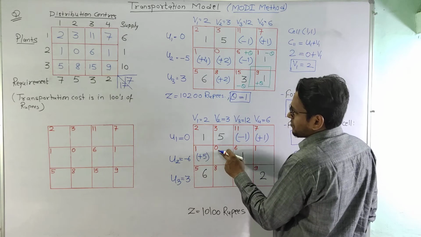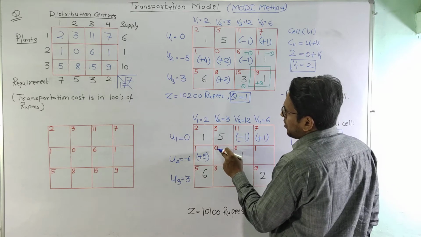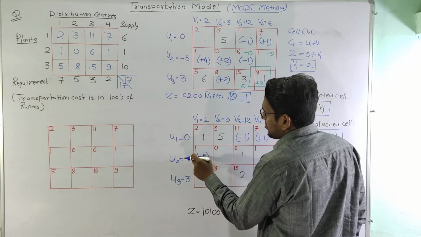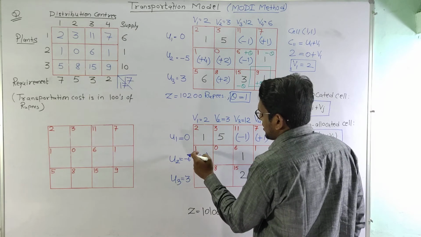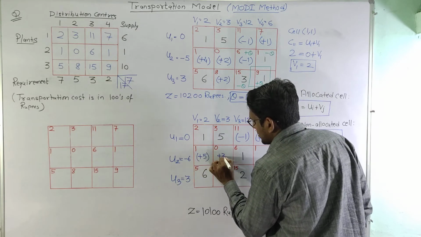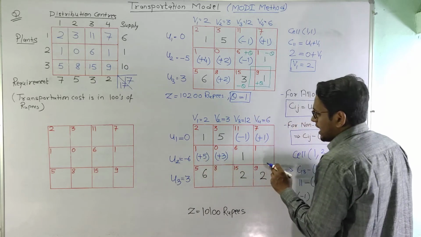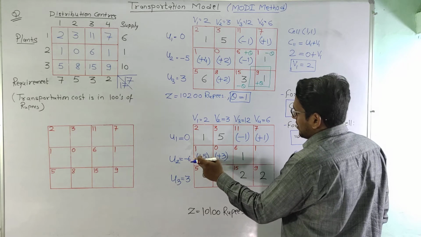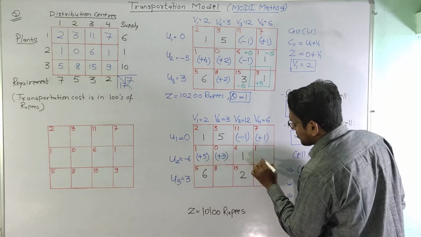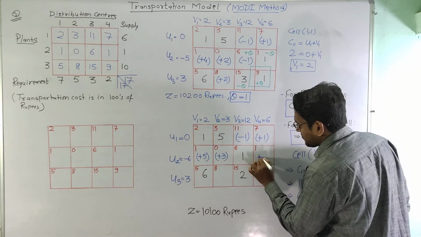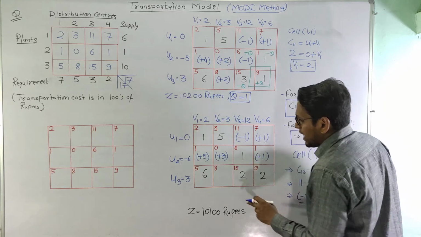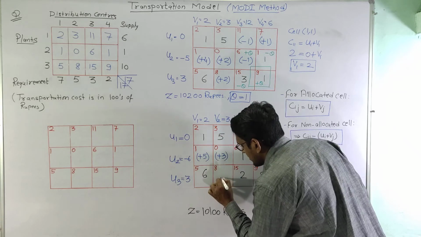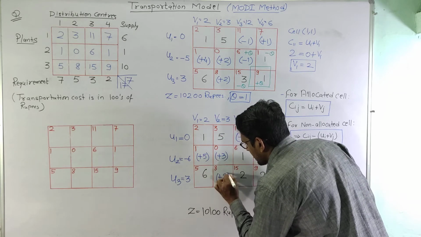And here we have 0 minus (3 minus 6). That is minus 3. Minus of minus 3 is plus 3. So this will be plus 3. And this will be 1 minus (6 minus 6), which is 0. So this will be plus 1. And this 8 minus (3 plus 3), that means 8 minus 6 is plus 2.